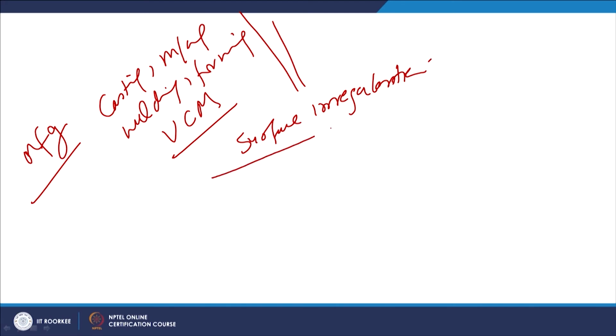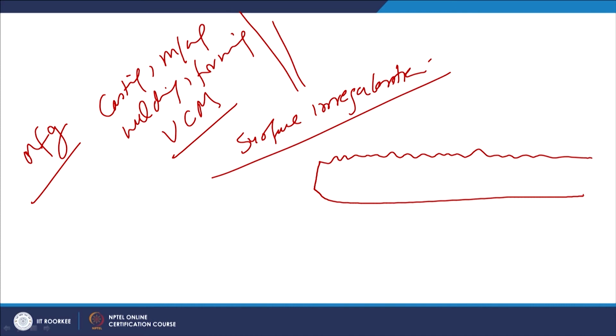The extent of irregularities may vary. Few manufacturing processes may result in surface irregularities very small in magnitude. If these undulations in the form of peaks and valleys are very limited, it will lead to very low roughness and high surface finish.